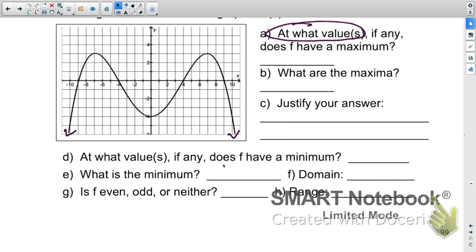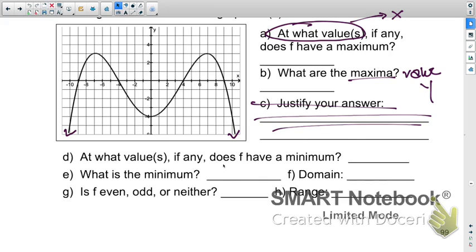It says what, but it's asking for a location here, not the maximum value. It's asking for an x. What are the maxima, or what's the value? That's the y. I don't care about justifying.